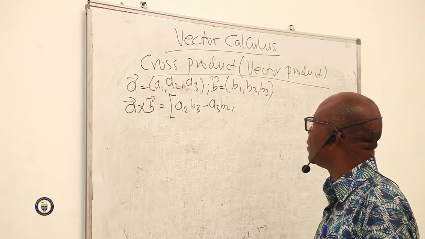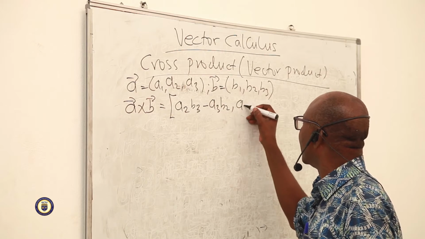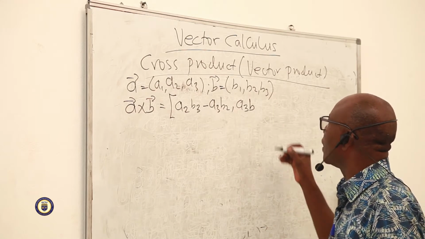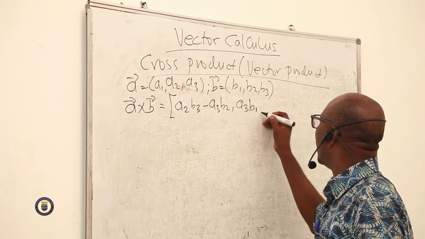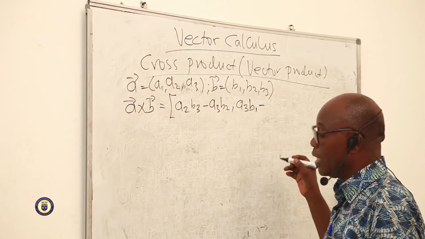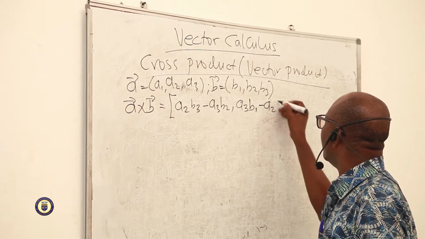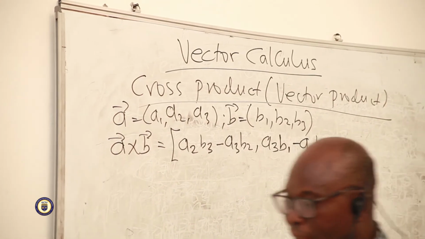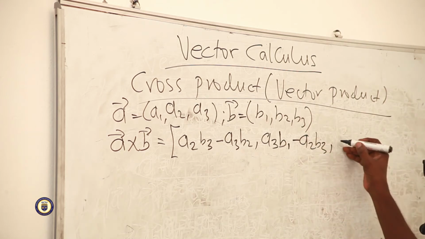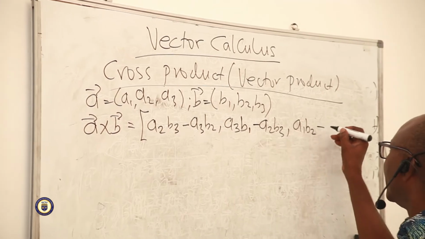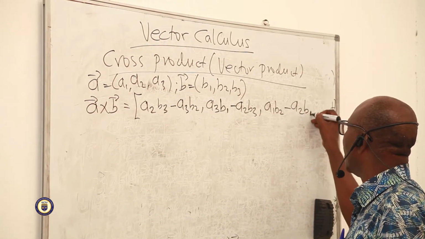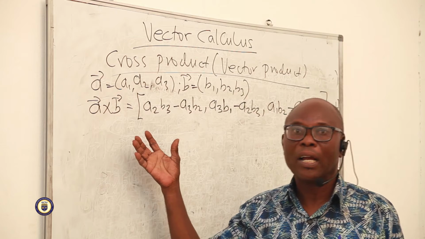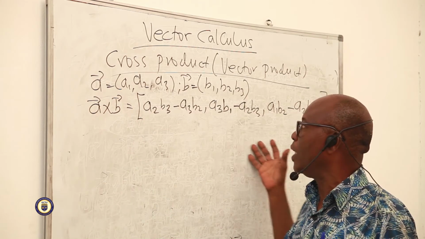For the J component: A3B1 minus A1B3. For the K component: A1B2 minus A2B1. This is the vector of A cross B.